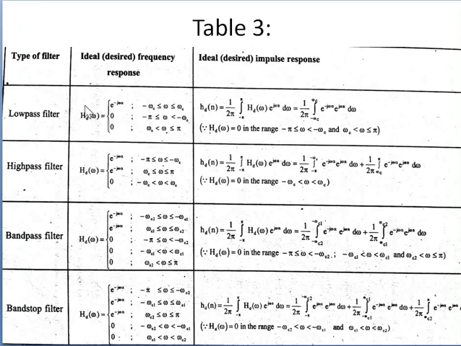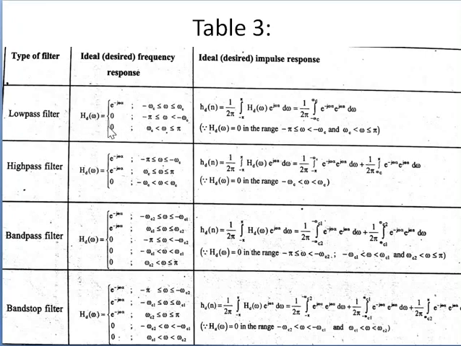But here we are considering linear phase filters, not zero phase filters. If zero phase filters are there, you take 1 here. But here we are considering linear phase filters, so you take e power minus j omega alpha. So HD of omega is equal to this one for the low pass filter.